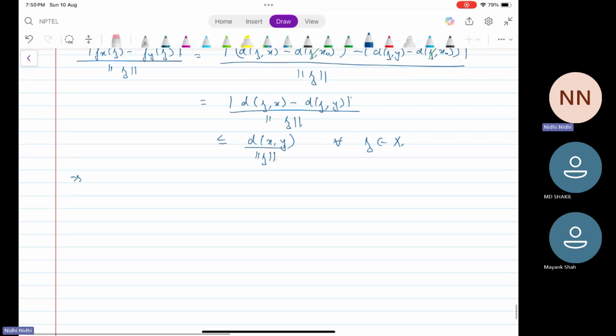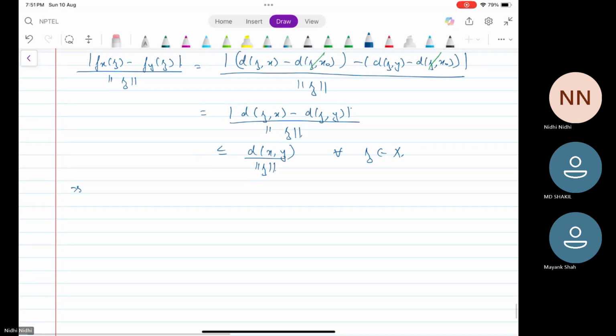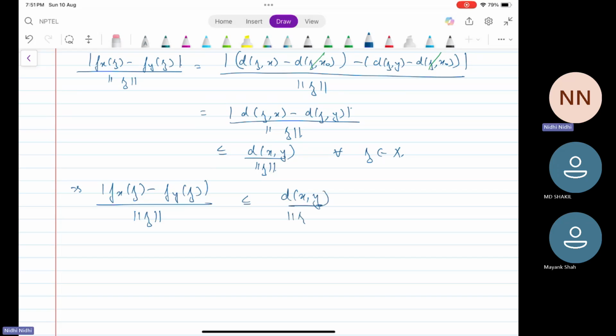This happens for every z in X. This implies |F(x)(z) minus F(y)(z)| by norm z is less than or equal to d(x,y) by norm z.